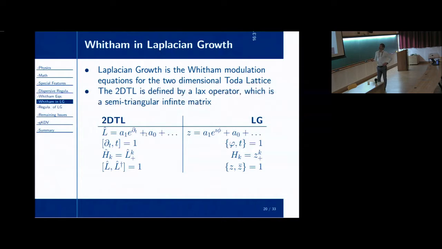And in the two-dimensional Toda lattice, we had Hamiltonians, which are produced from the Lax operator by taking the kth power of the Lax operator and taking the plus part. In a similar manner, in the Laplacian growth problem, we take the kth power of z, as we have already seen, and take the plus part, we get a Hamiltonian, etc. So this is the analog.